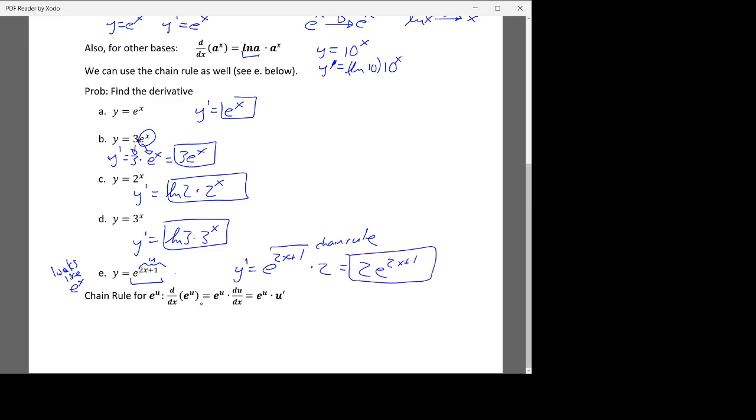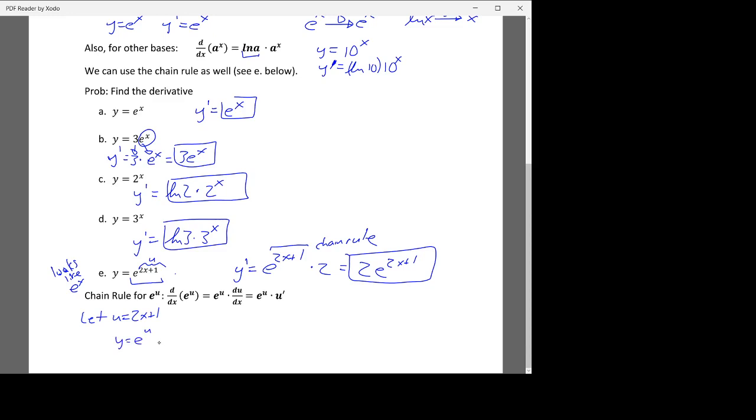And you can do all that dx, du stuff if you like. If you don't like thinking of the e to the x the way I talked about with the trash, you can use this chain rule. You can see I just did. In this example up there, I said let u equal 2x plus 1. Then we had y equals e to the u.